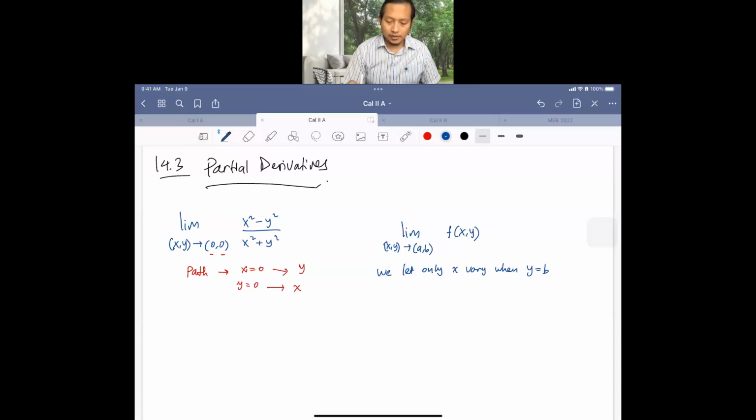When we are doing this, actually we are thinking that the function can be simplified into just one variable. The other one is constant, right? Now, if we let only x vary, then we have a new function, let's say function g, with variable x, that is equal to f(x, b), okay?